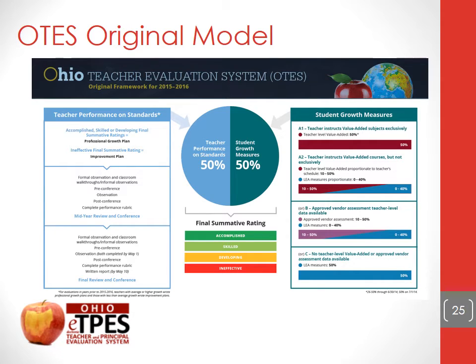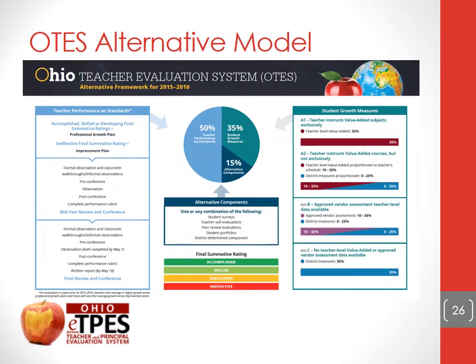This is a district decision that is entered by the superintendent or designee and is chosen by the entire district or community school. This graphic depicts the alternative teacher evaluation model.